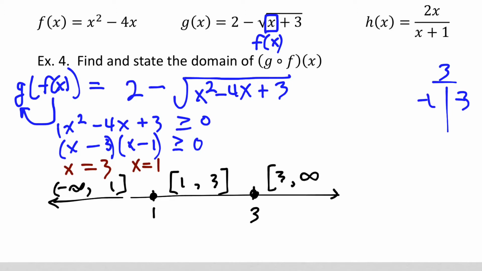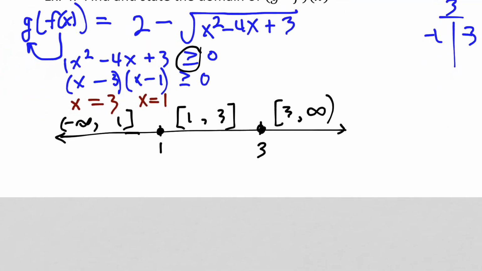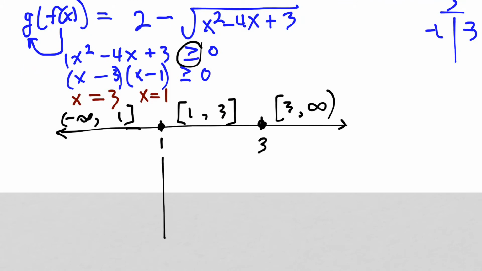And what we're asking ourselves is, what happens to the sign of this function in those intervals where we want only positive values? So this is a good use of the sign diagram here. So I'm going to divide this up.